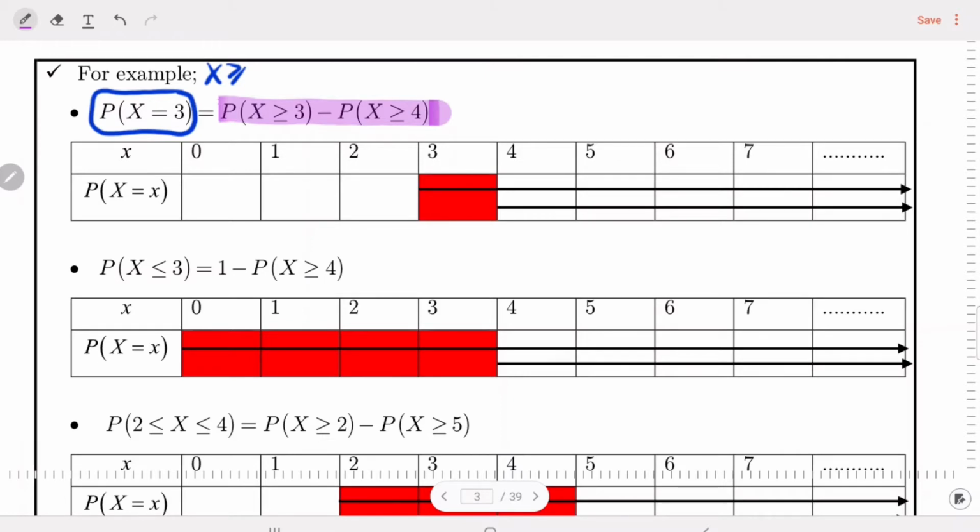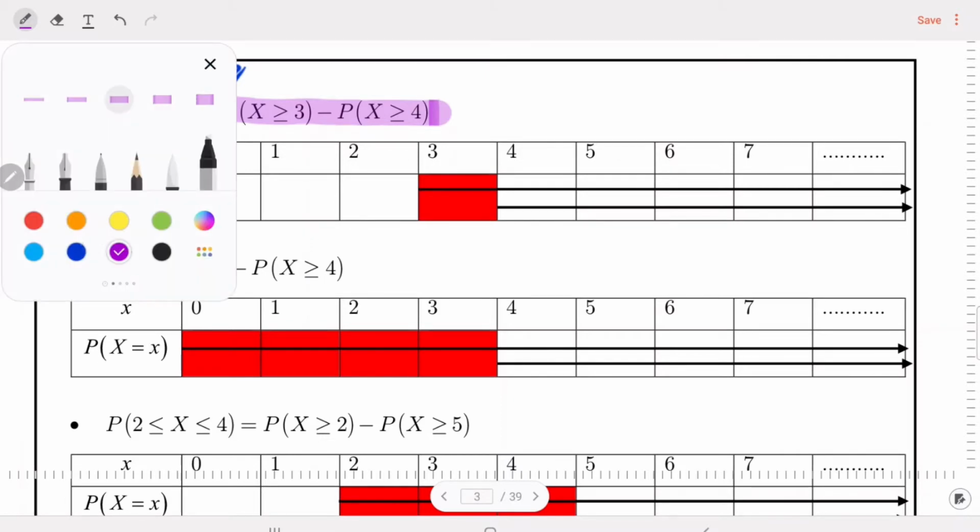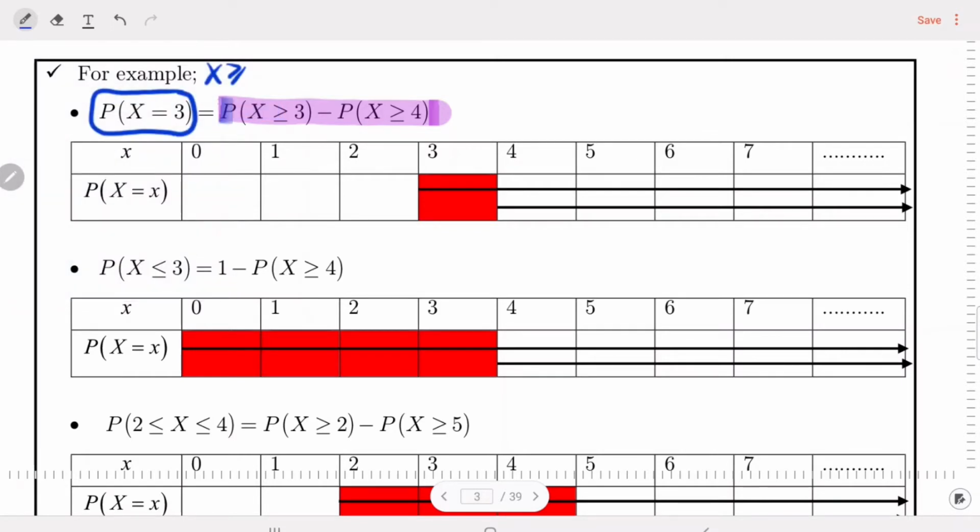This is because when we calculate P(X ≥ 3), it means that we add up the total probability from 3 and above. And when we minus it with the probability from 4 and above, what we actually get is the probability when X = 3.